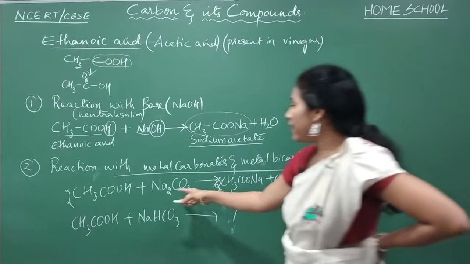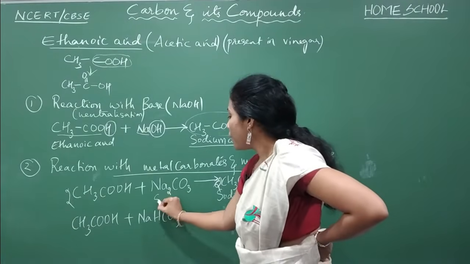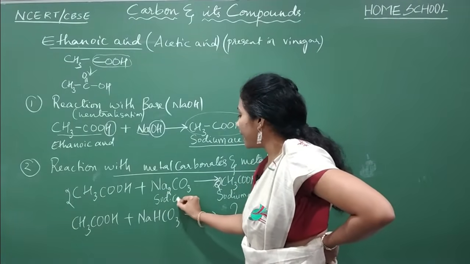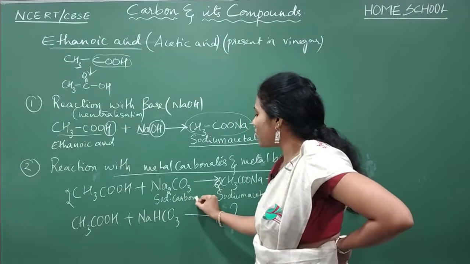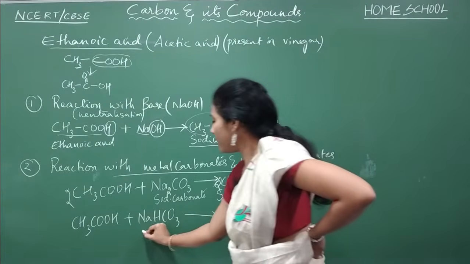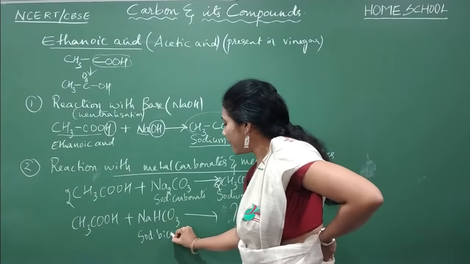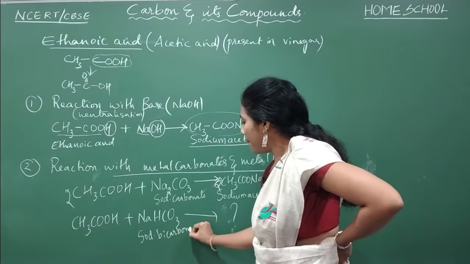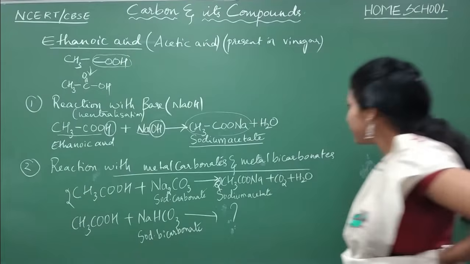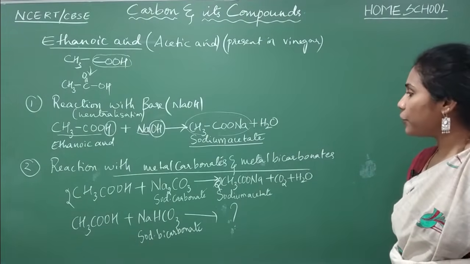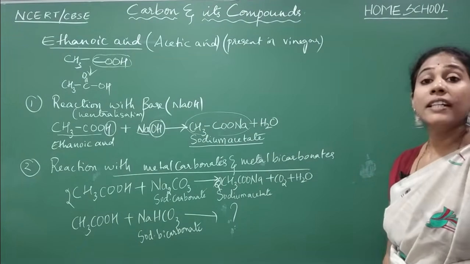Okay, you must know their names. This is sodium carbonate. These type of reactions already you studied, guys. Yes or no? This is sodium bicarbonate. Okay, so these are the 2 reactions that you have to remember.